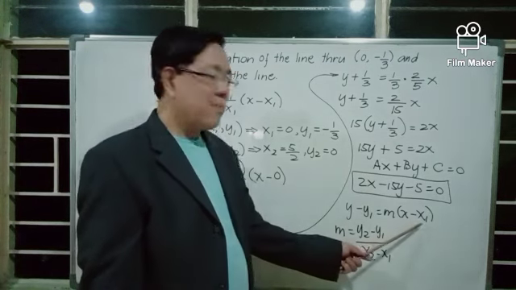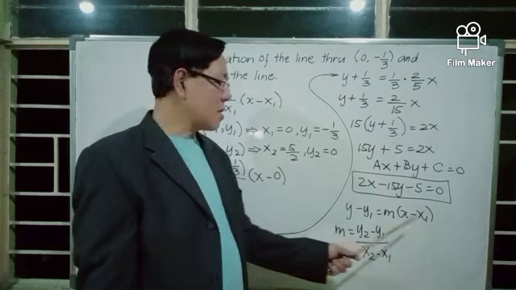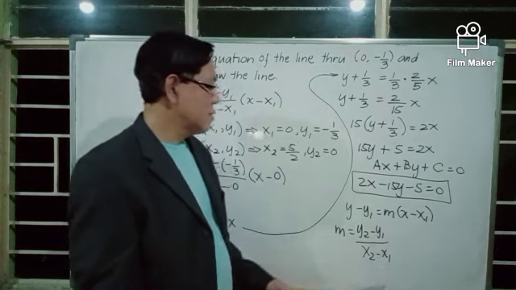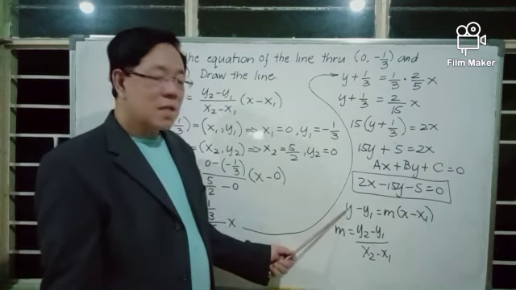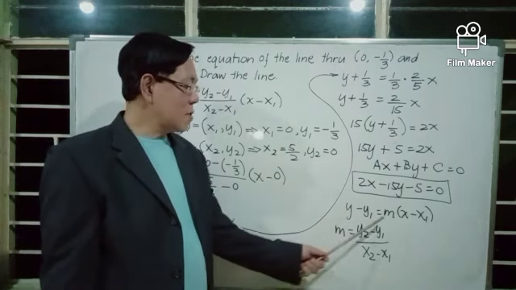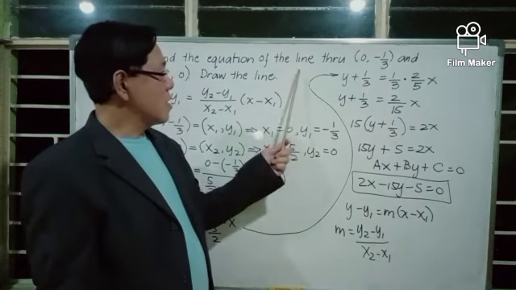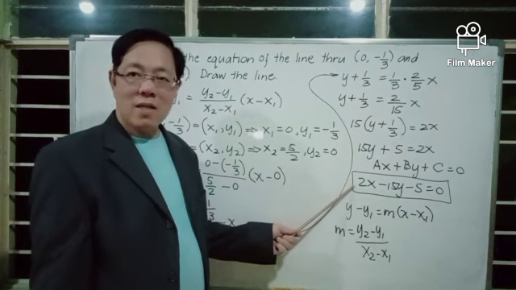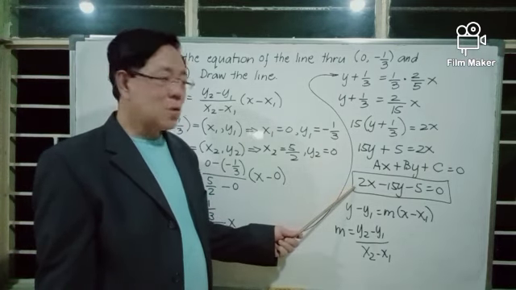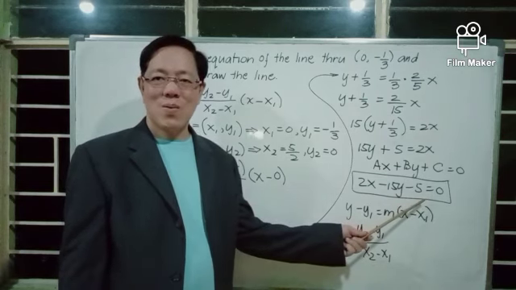And you need one point with coordinates x1, y1. Now we solve using this method, or using the slope point form of equation of the line, to find the equation of the line through the two given points, we should get the same equation, 2x minus 15y minus 5 equals 0.